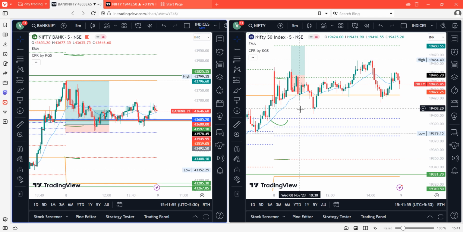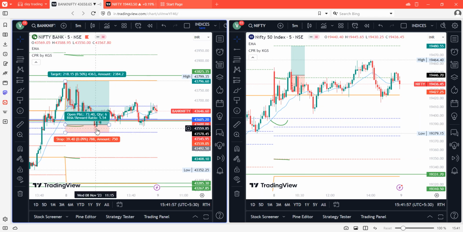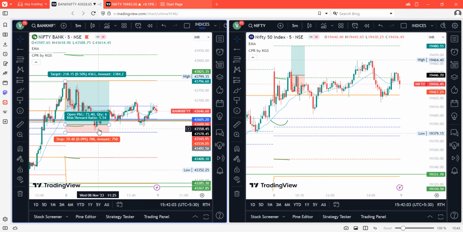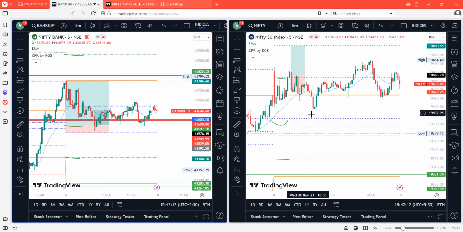So when I want to take the trade at this location, I will see the location in Nifty also. What is the one thing that makes me take the trade at this point? The point here is there is no immediate support, like CPR here. There is no support at this candle. But why I took the trade here is the support, like see, this is the initial balance low support.